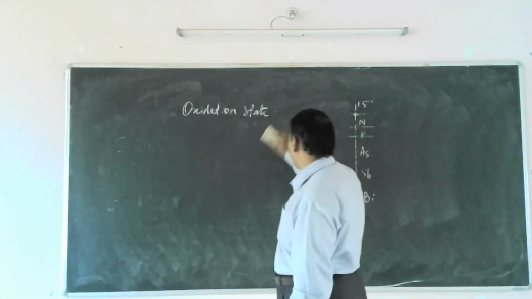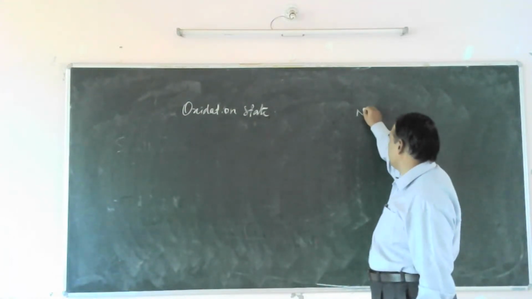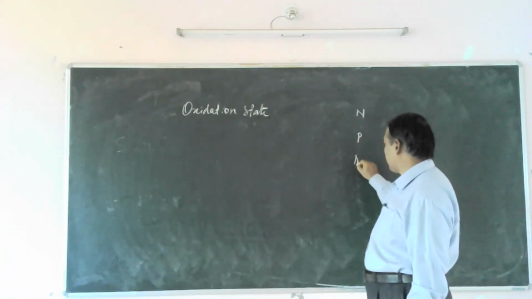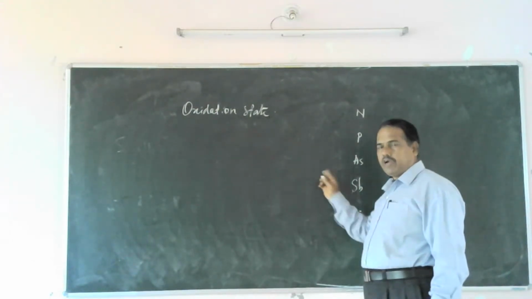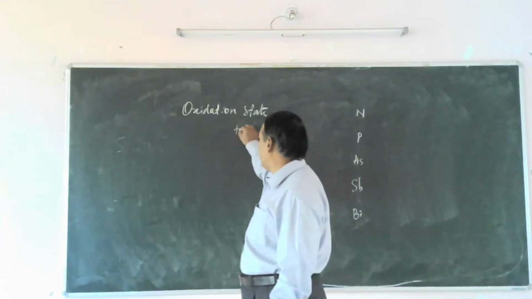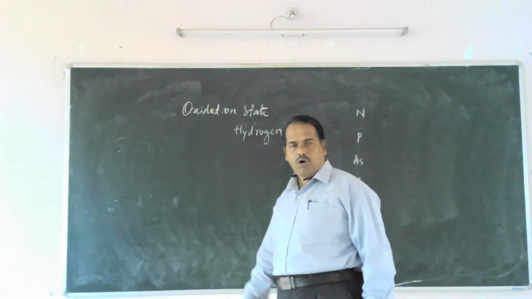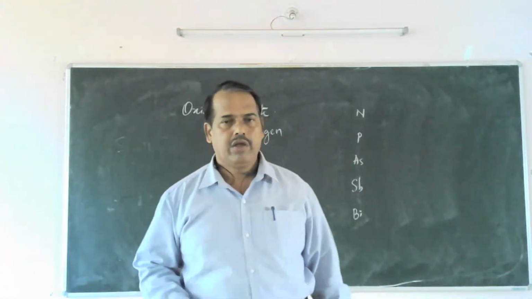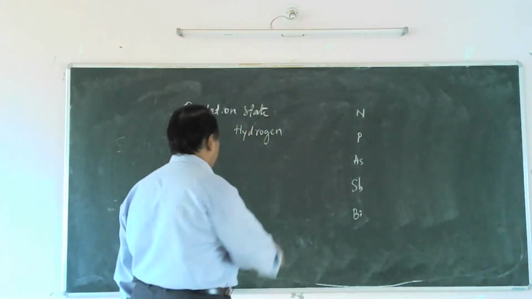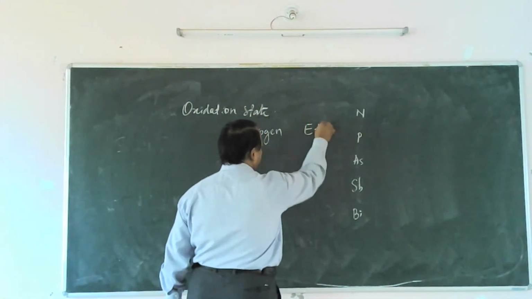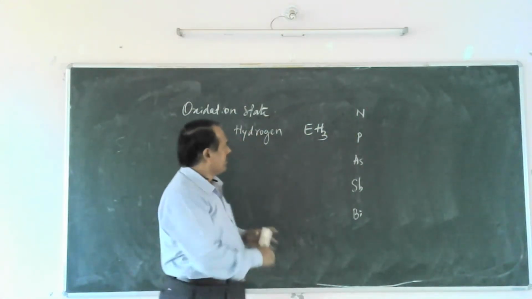After the oxidation state, we have to study the reactions of these elements: nitrogen, phosphorus, arsenic, antimony, bismuth. First, their reactivity towards hydrogen. All 15 group elements react with hydrogen and form stable hydrides of the type EH3, where E is the element.